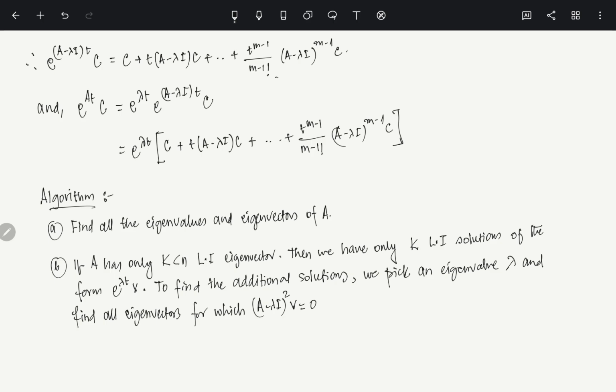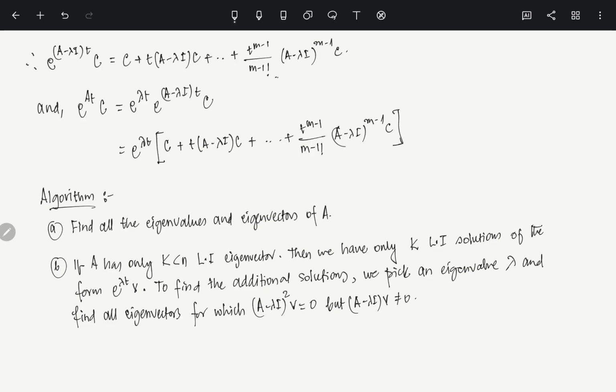This is what we are trying to find, if it is possible. But of course, (A − λI)v should not be 0, so it should not be an eigenvector in the usual sense. (A − λI)v is not 0, but the square part is 0.